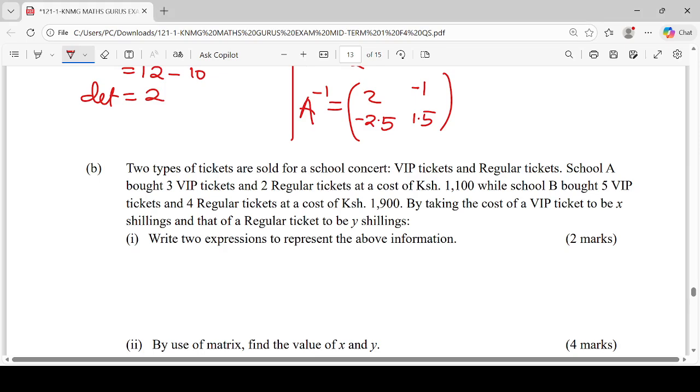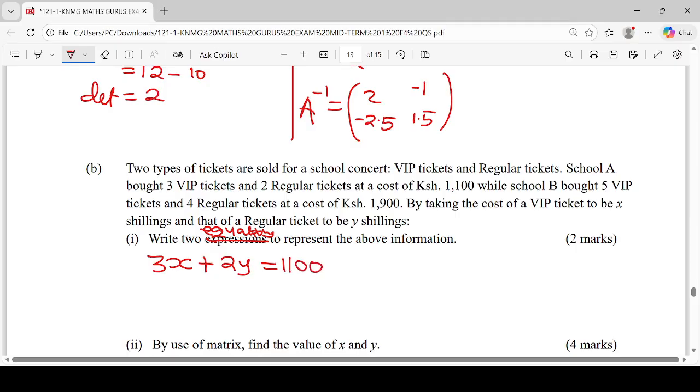I see like there is a term that's wrongly used here. It should not be expressions, but rather equations. In mathematics, the terms expression and equation have 2 different meanings. So we should write 2 equations to represent the above information. The first equation will be 3x plus 2y should be equivalent to 1,100 shillings.